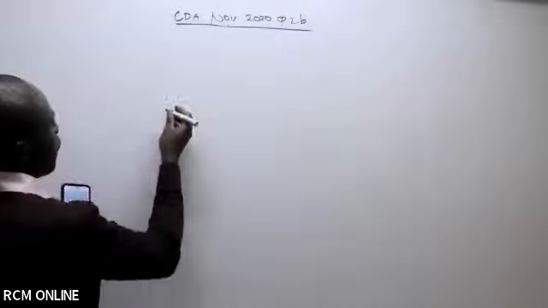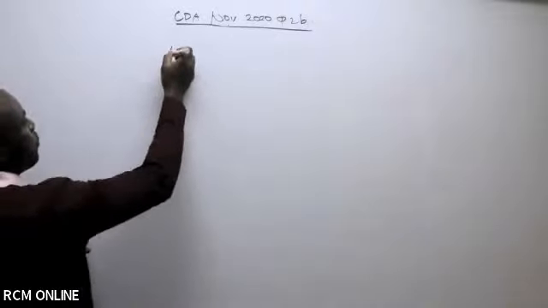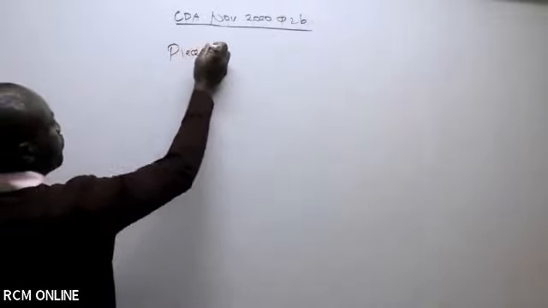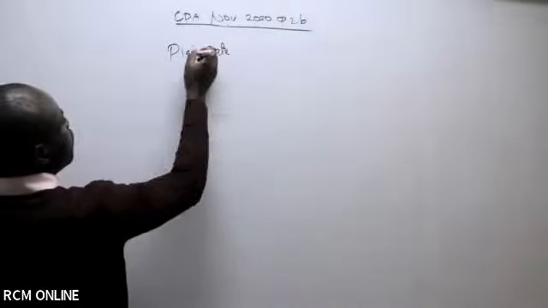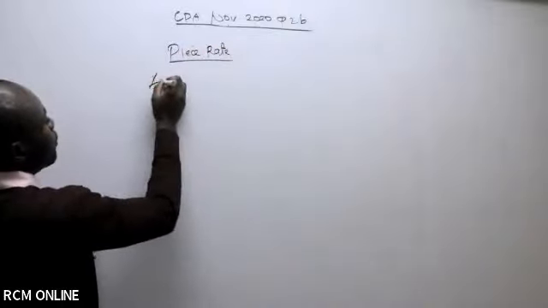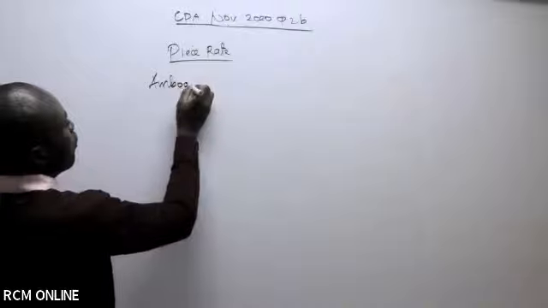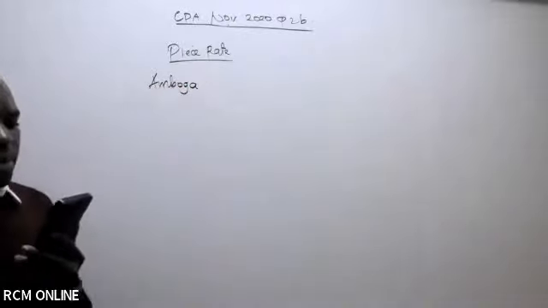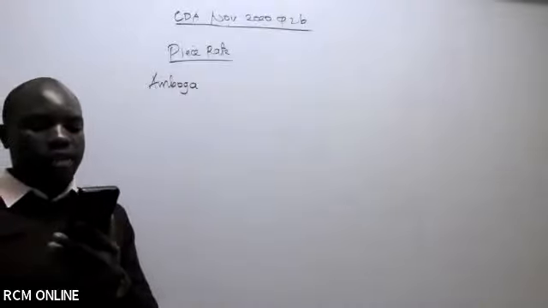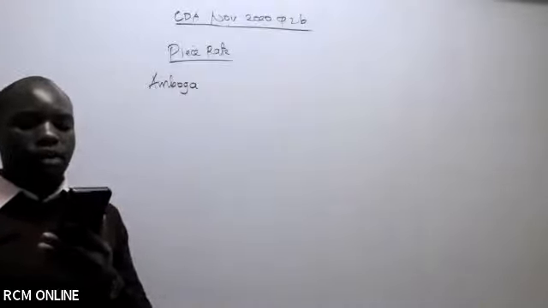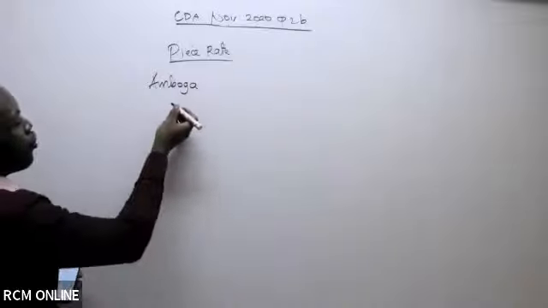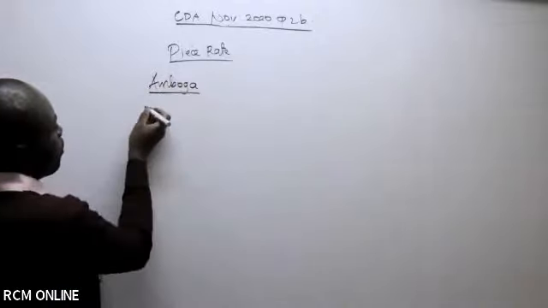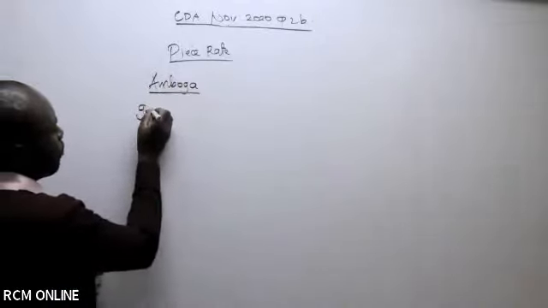Let's start with Amboga here. What is the examiner telling us here? The examiner has said, under piece rate, the company pays its casual workers 25 shillings for every good unit. So Amboga here will be paid for the good units.